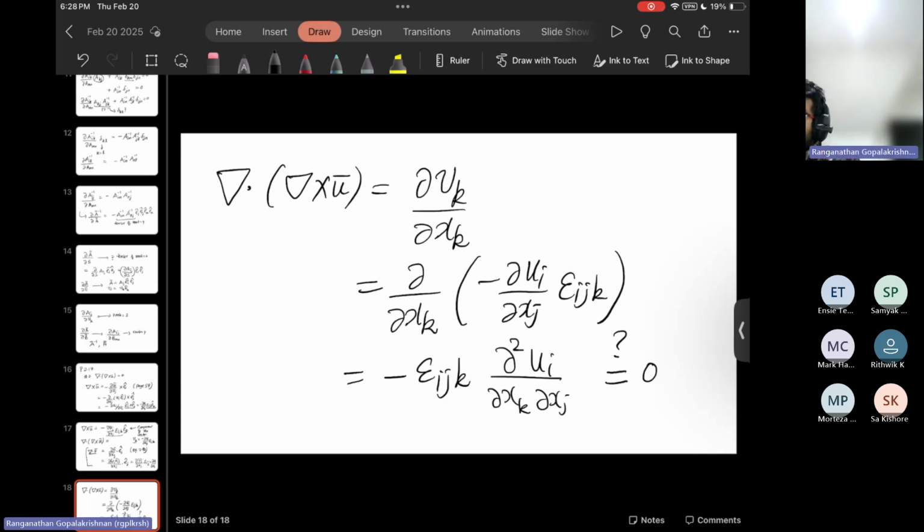If you expand this out, this will be 0 obviously, because you have the second derivative of ui with respect to xj and xk, where k and j are interchangeable.